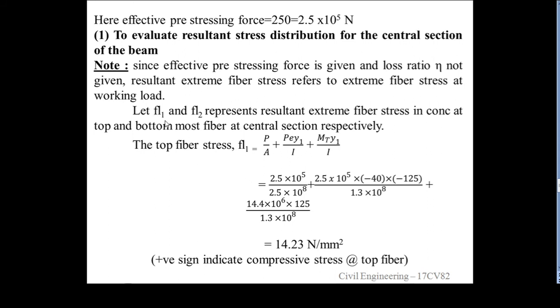Let FL1 and FL2 represent resultant extreme fiber stress in concrete at top and bottom most fiber at central section respectively. The top fiber stress FL1 is equal to P by A plus PEY1 by I plus MTY1 divided by I. This is due to total load and total moment acting on a section.